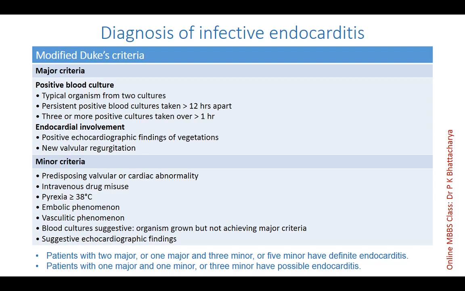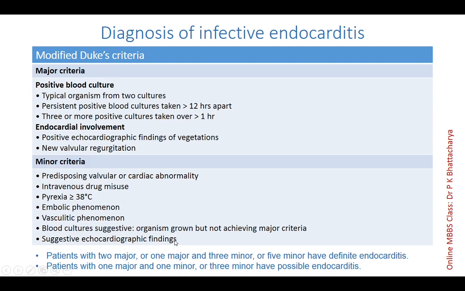Now, minor criteria: predisposing valvular or cardiac abnormalities, right? Intravenous drug use, a low-grade fever continuing, embolic episodes, vasculitic phenomena, blood cultures which are positive but are not satisfying the first 3 norms. These 3 norms are not being satisfied, but nevertheless, a blood culture is positive.